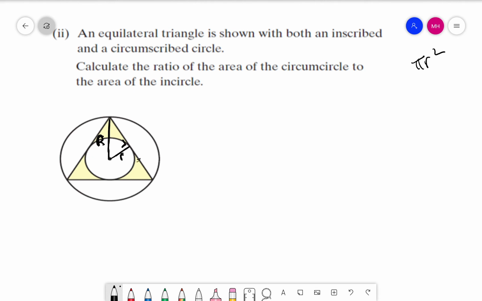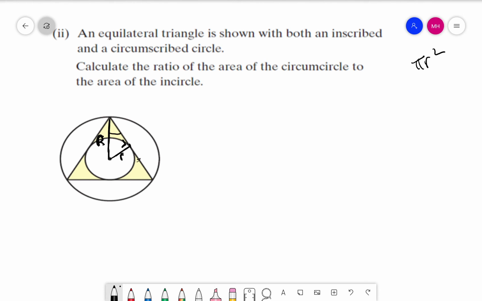And the line from the tangent to the center of the circle does so at 90 degrees. So if you know your constructions, you'd be aware of that. So what we have here in the situation, we can draw this little construction there like that, and we can work out Pythagoras' theorem, sorry, not Pythagoras' theorem, using trigonometry.